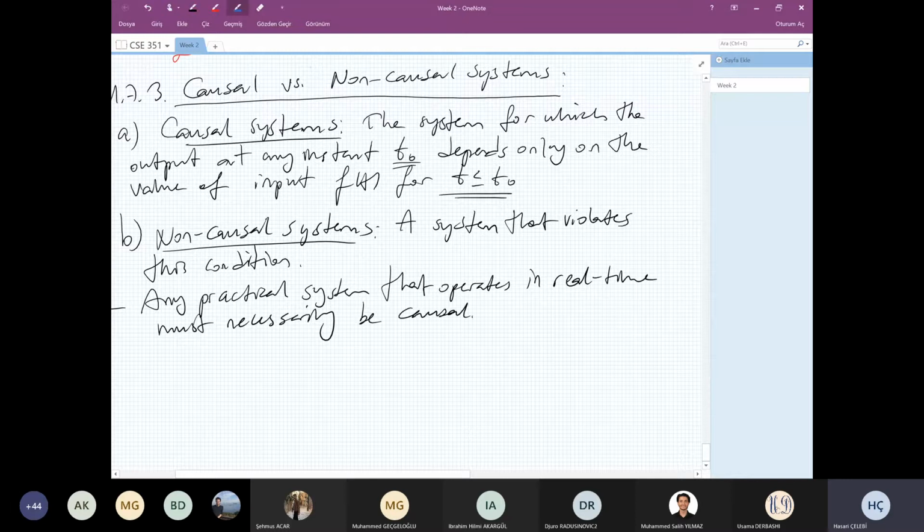So any practical system like robots or drones or smartphones that operates in real time must necessarily be causal, okay? In practice, our system is basically what we call a causal system.